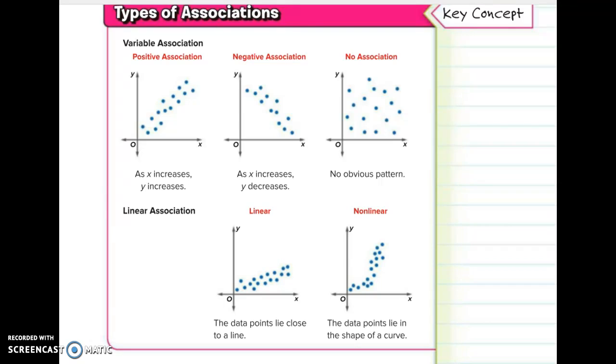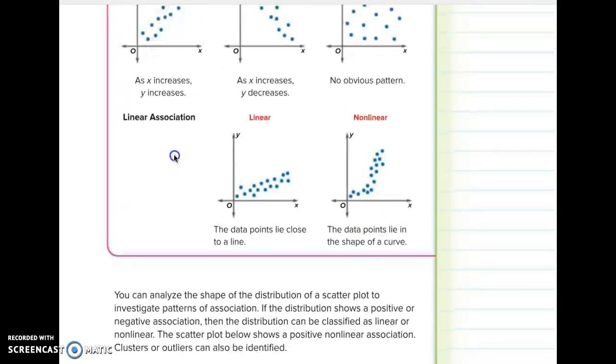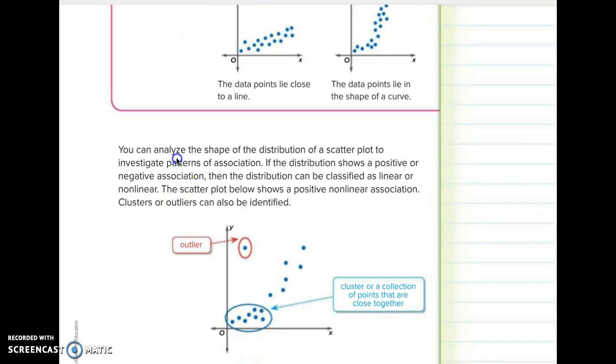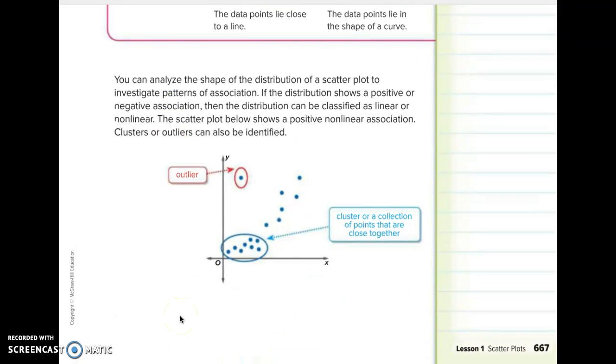The last little bit of vocab that we need to talk about is outliers and clusters. It says you can analyze the shape of the distribution of a scatter plot to investigate patterns of association. If the distribution shows a positive or negative association, then the distribution can be classified as linear or nonlinear. That's just what we talked about.